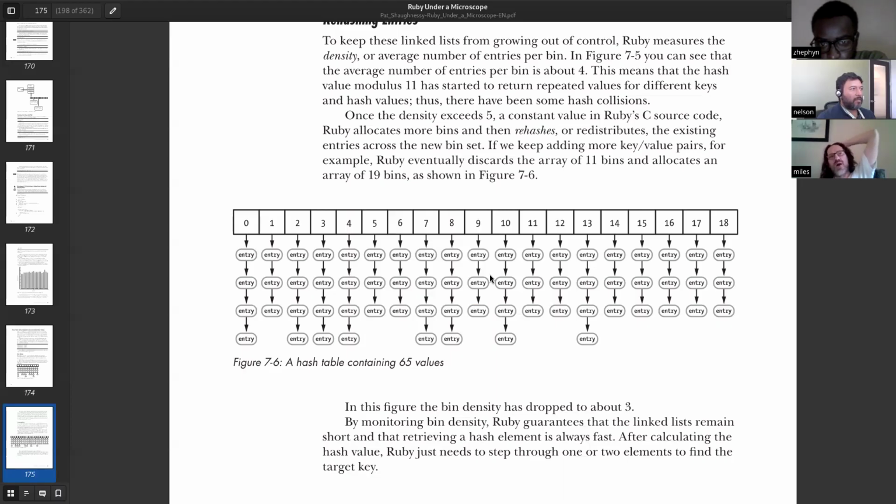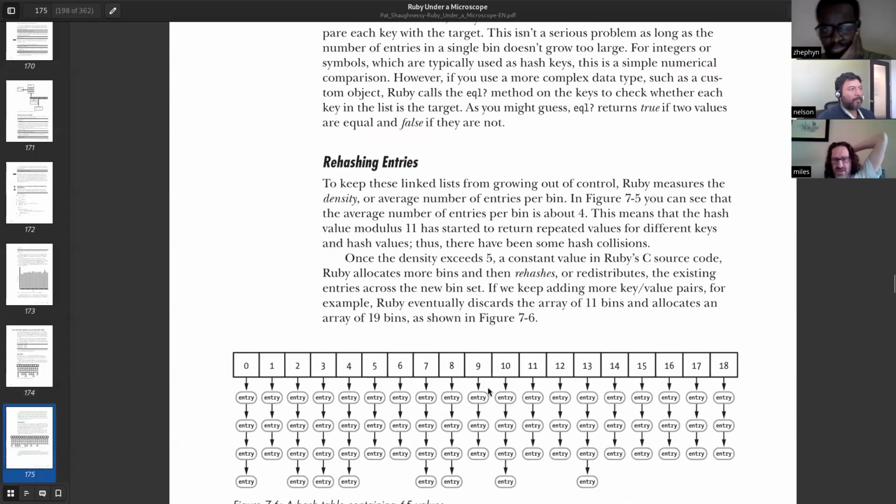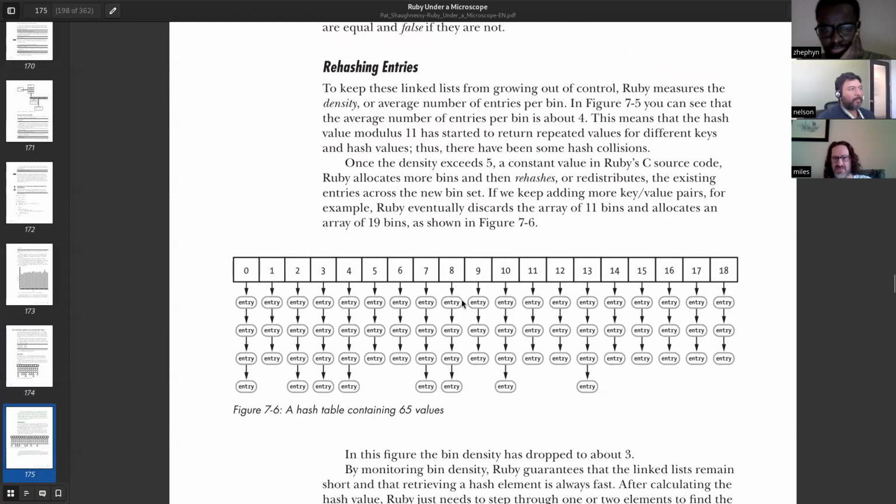Just for whatever reason, my intuition is off. If there were something like 66 objects in the array, I would have made something like, is 67 prime? Whatever number is prime that's near 67. My gut would have told me to expand this to 67 instead of 19.